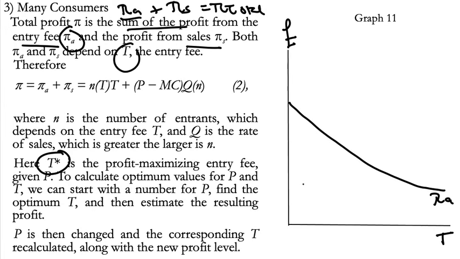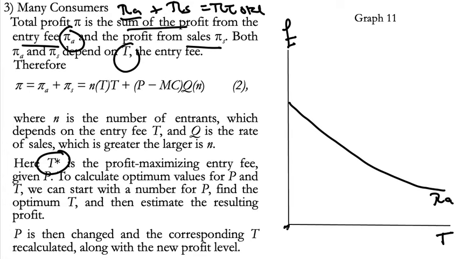Okay, so initially, no sales, nothing. Okay, as we increase entry fee, let's say from somewhere here, the entry fee is not that high, then the membership will be more, isn't it?